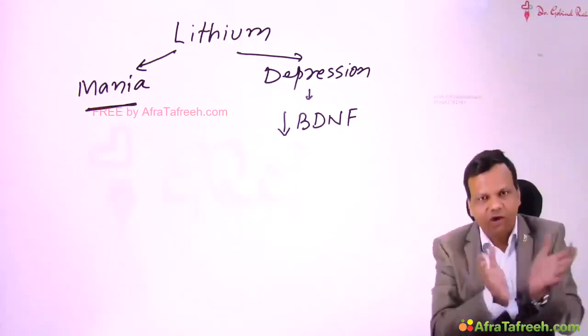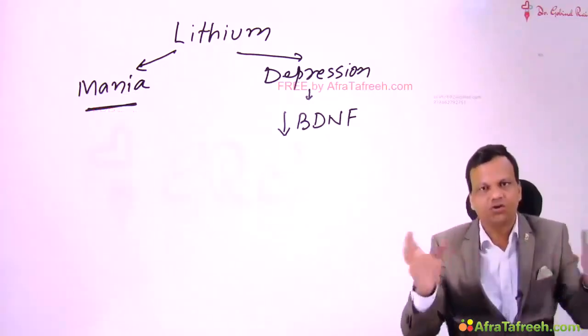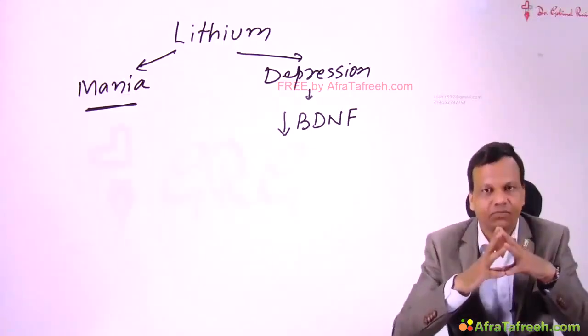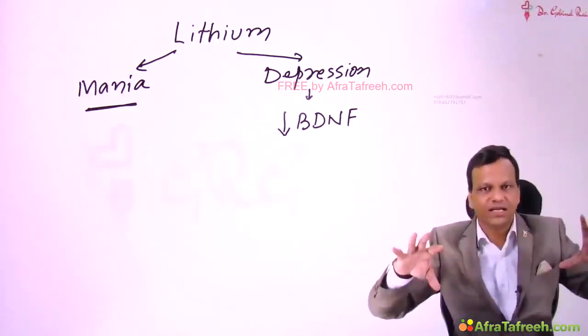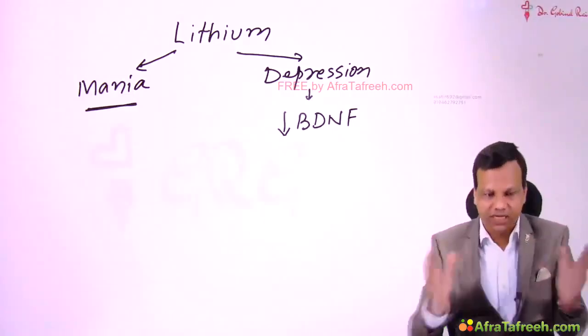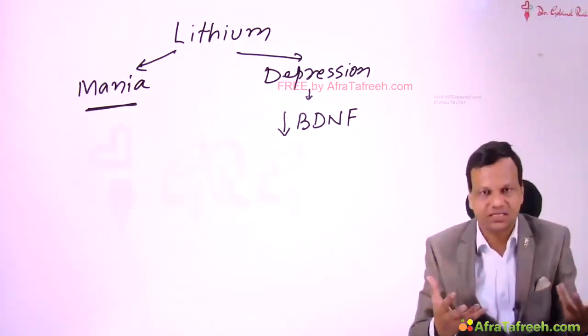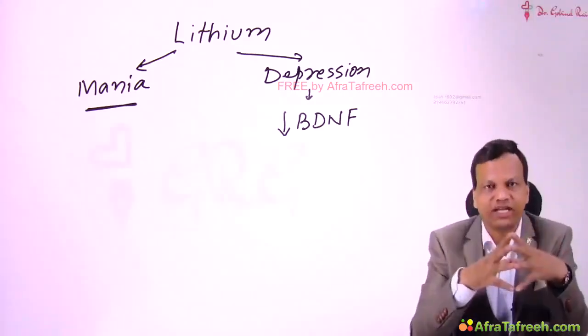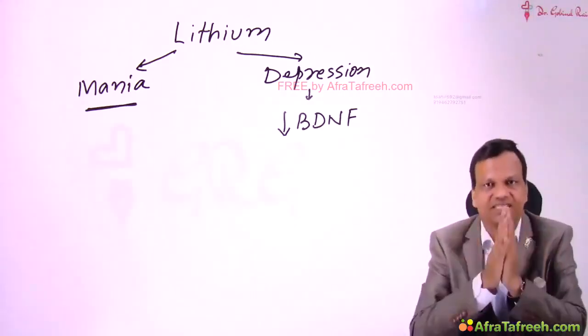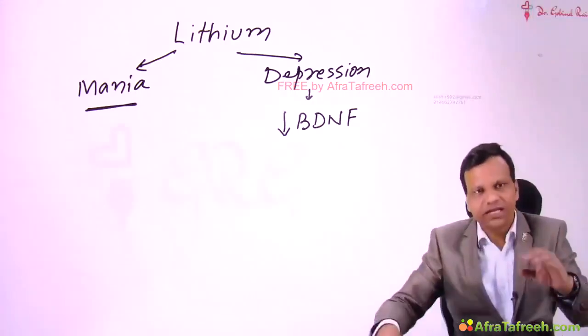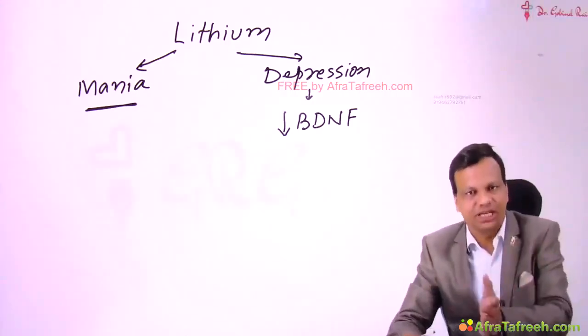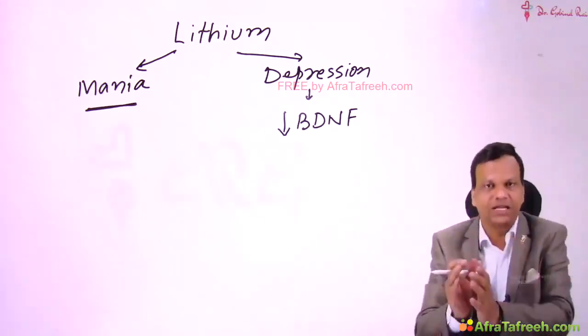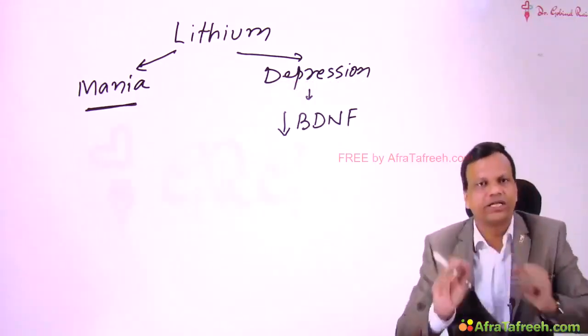So when we are forming connections with other neurons, this is called neuronal plasticity. If a lot of connections are there, the person will remain happy. If the connections are not there, the person gets depressed. So brain-derived neurotrophic factor is required for neuronal plasticity. Yeah? So lithium can treat both mania as well as depression. So we'll discuss one by one the mechanism, how it treats mania, how it treats depression.